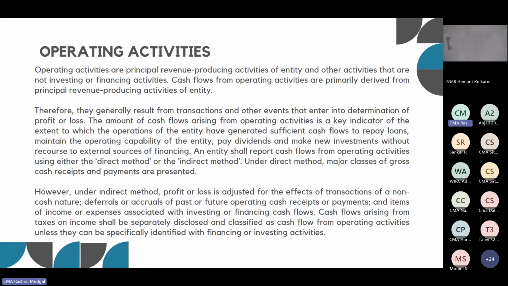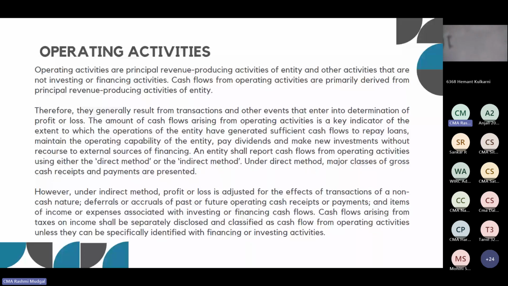An entity shall report cash flow from operating activities using either the direct method or the indirect method. Under the direct method, major classes of gross cash receipts and payments are presented. However, under the indirect method, profit and loss is adjusted for the effect of transactions of a non-cash nature, as well as deferrals and accruals of past or future operating cash receipts and payments, and items of income and expense associated with investing and financing activities.